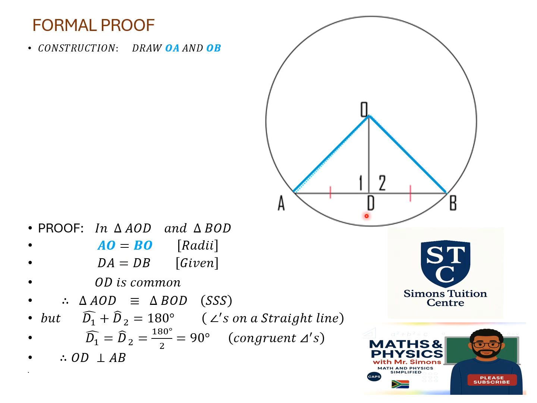Then given to me, from D to A, see that red stroke there, and from D to B, that red stroke there, means that DA equals DB. That is given.